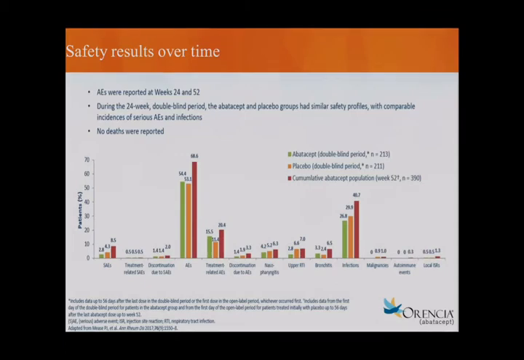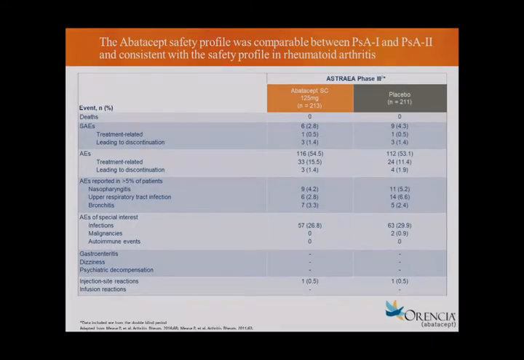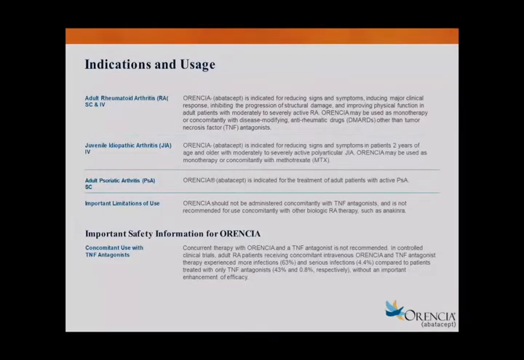The other indications for abatacept, as you know, are rheumatoid arthritis with both preparations, the subcutaneous and the IV preparation, JIA, and adult psoriatic arthritis. Abatacept should not be used with any other biological agent.